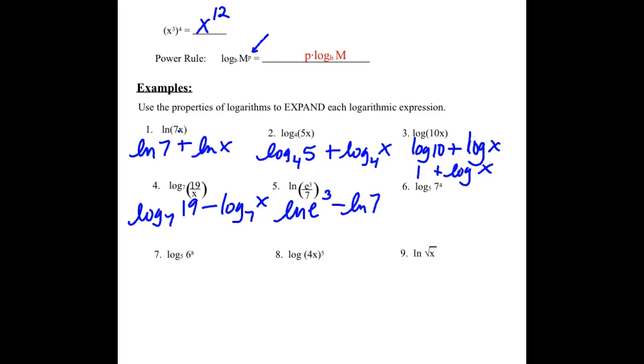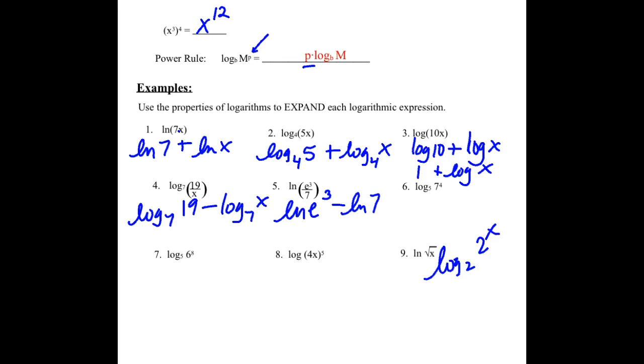If this had been a log of any other base instead of a natural log, that 3 would get pulled in front, just like our power rule says. Take your power, put it in front, and make it multiplication. But it is a natural log of e to a power. What happens with those? If we had log base 2 of 2 to the x, we get x, right?